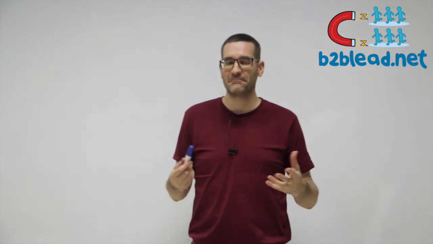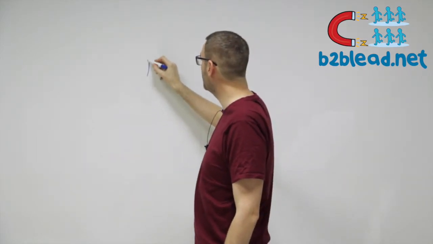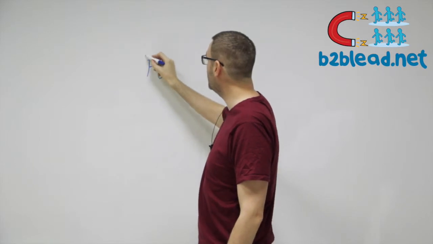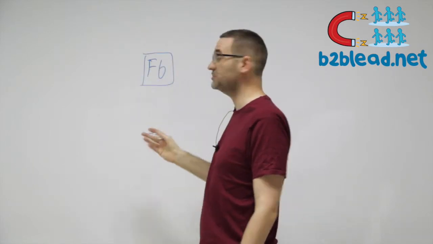So this is what I do, and this is what I would suggest you do if, for example, you want to become an authority figure. If you want to say, look, follow me, I know what I'm doing, and generate leads that way by helping others, the first thing you want to do is create yourself a Facebook page.